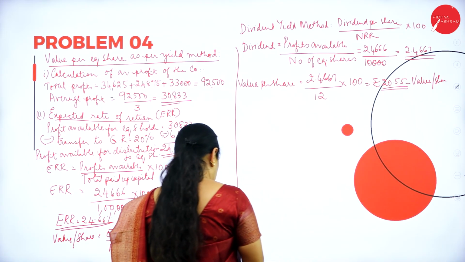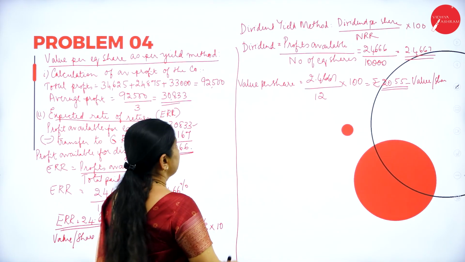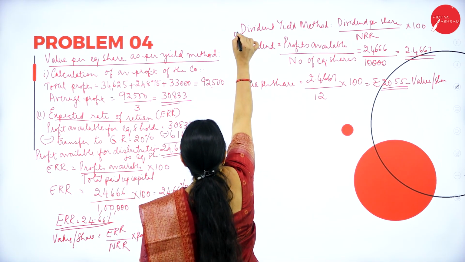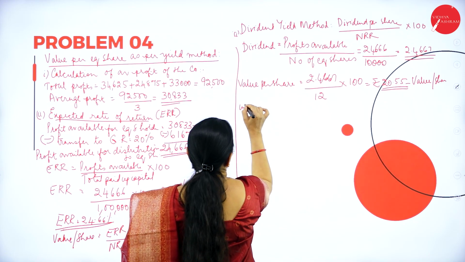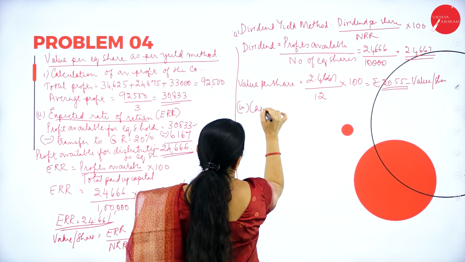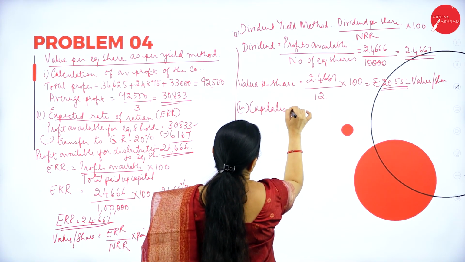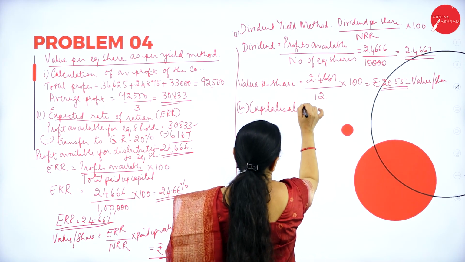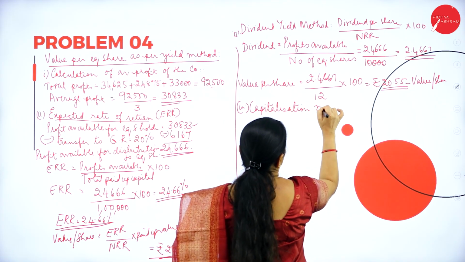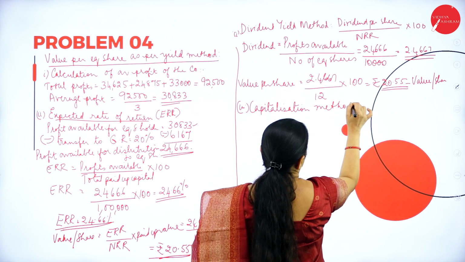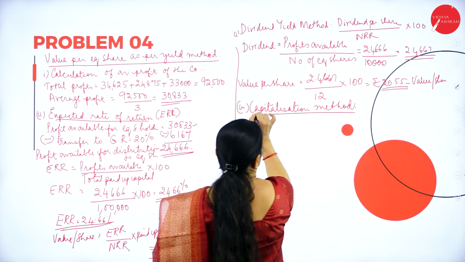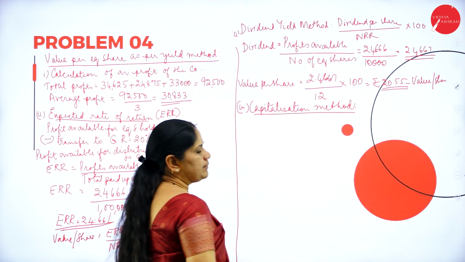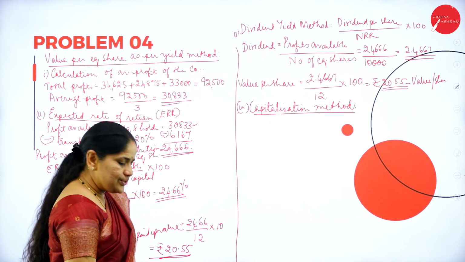The next one is capitalization method. This is the second method. Third one is capitalization method. Profits available divided by NRR into 100.